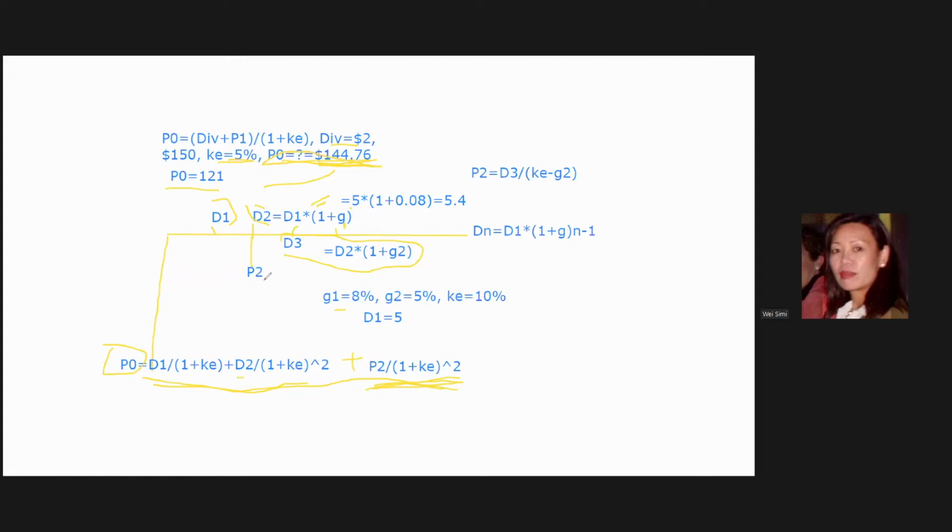Remember, the formula is very clear. I'm retyping the formula: P0 equals D1 divided by KE minus G. This is the model.